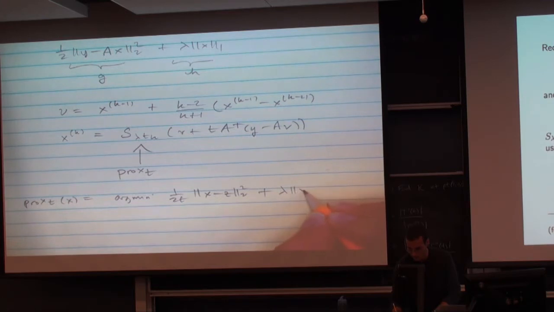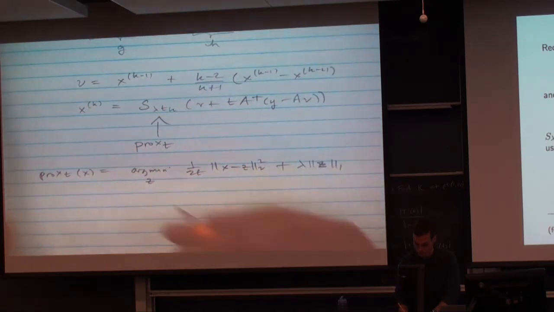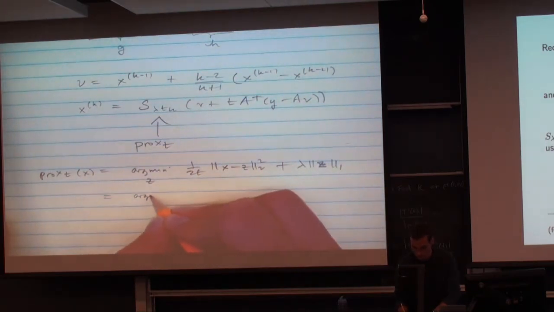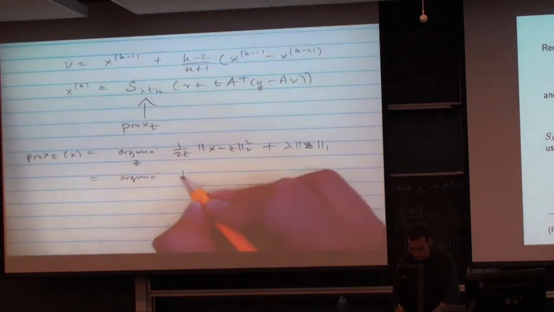H here is the 1 norm. Okay, that's what the prox function is. I can also write that, doesn't matter, I can multiply by t, and it won't change the minimizer.